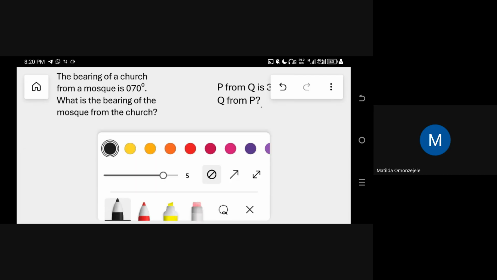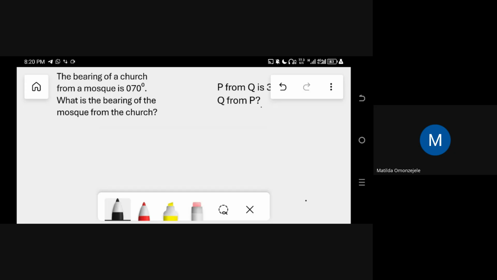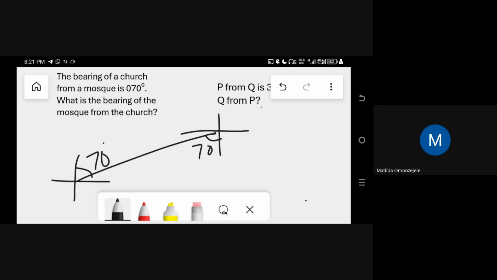Okay, so first off, 70 degrees has to come from the first quadrant. So it means that the line goes up and meets this other one here. So I have 70 degrees.